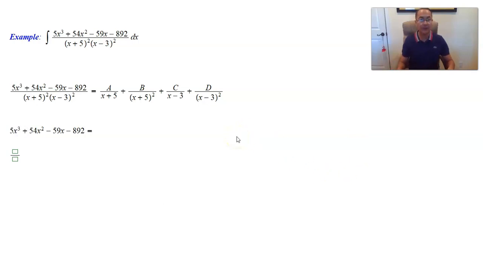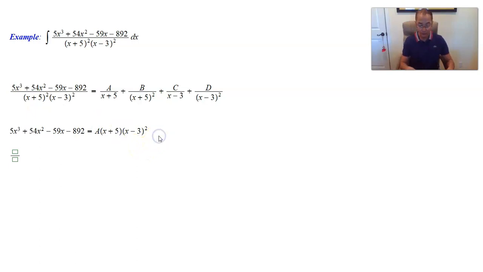Okay, so who will go with the A? There's an x plus 5 there, so one of the x plus 5s will survive, and both of the x minus 3s will survive. So I'm going to copy this, and I will just cancel that power.